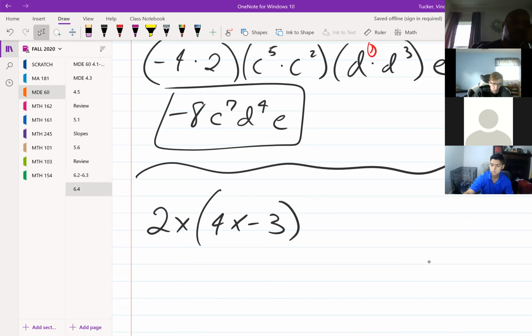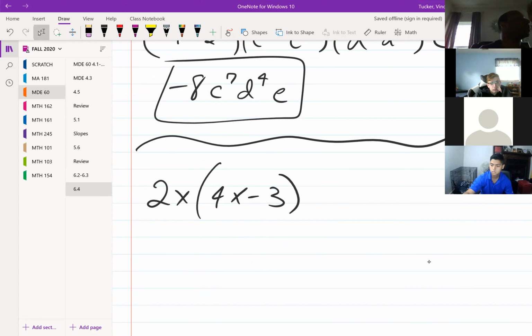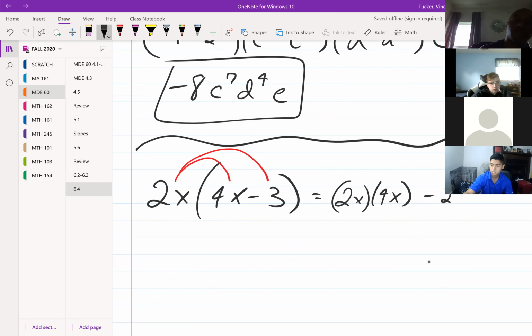Okay, so before we had two monomials, one single term times a single term. Here we have a single term monomial times a binomial. So you would distribute. And I'll write this out the first time to make sure you're okay with what's going on.